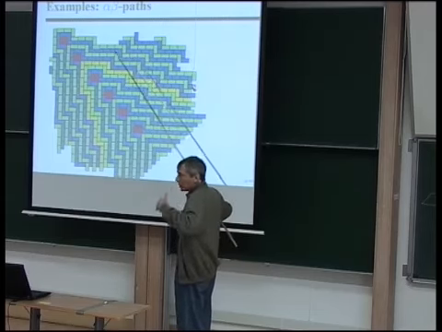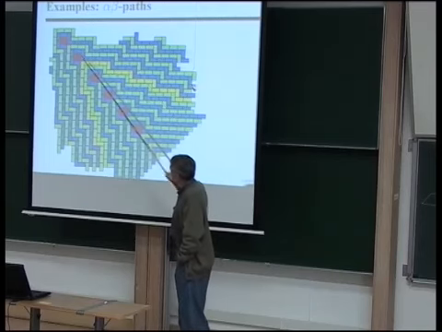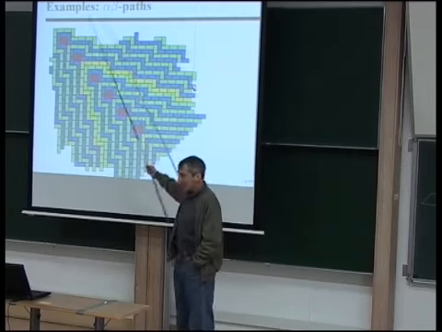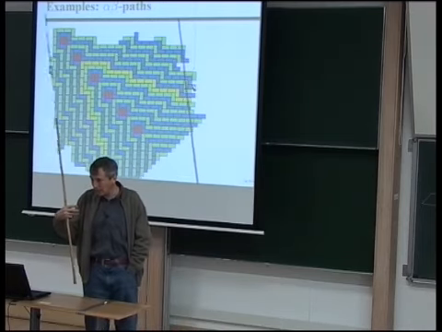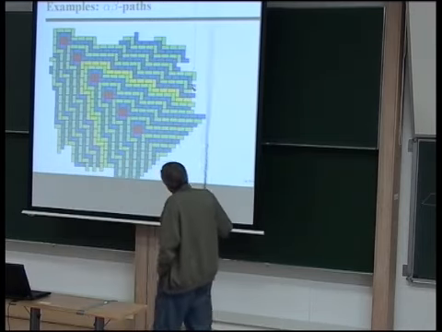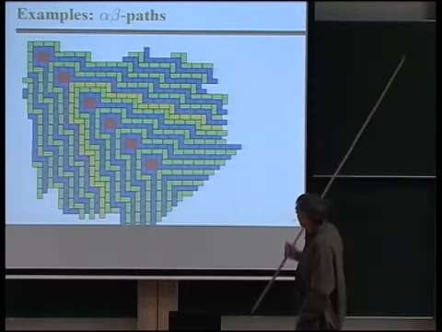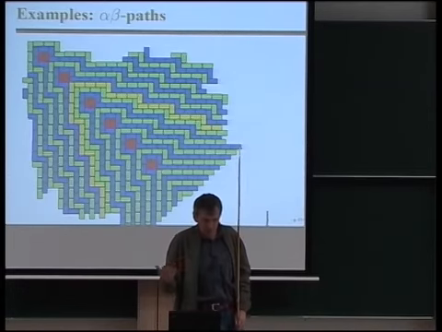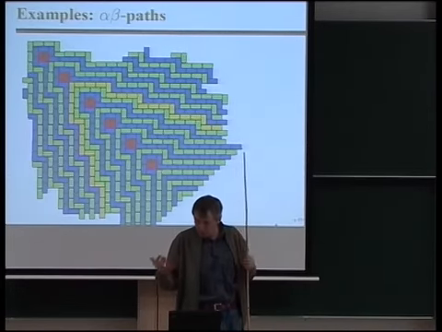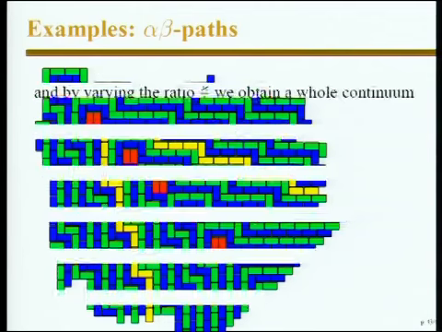So the lower your temperature, the closer they are sitting to that line, so you get a non-translation invariant measure on domino tilings. And this gives you a flavor of how that low temperature measure on domino tilings looks like.